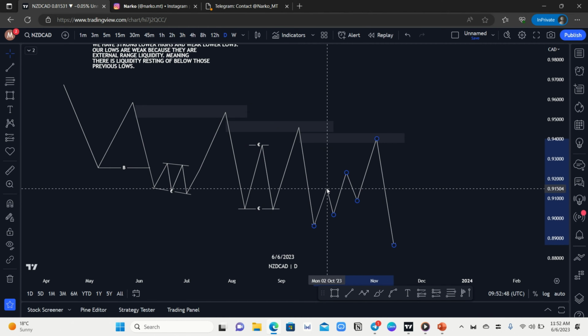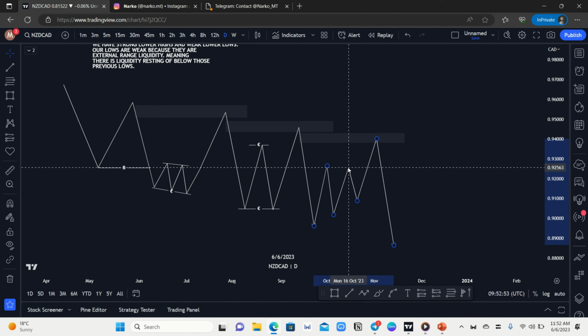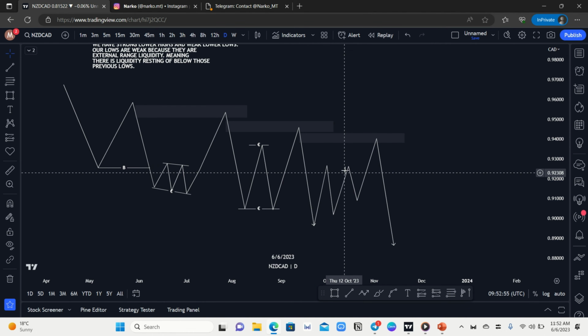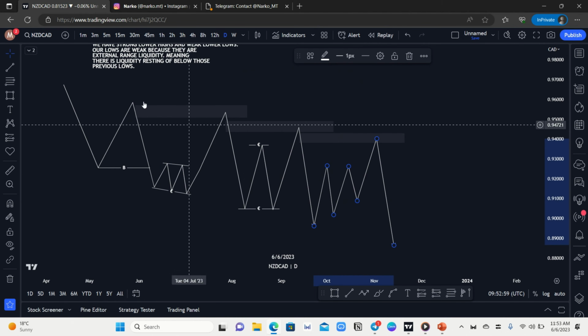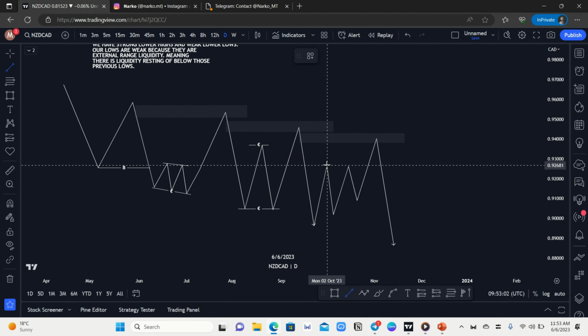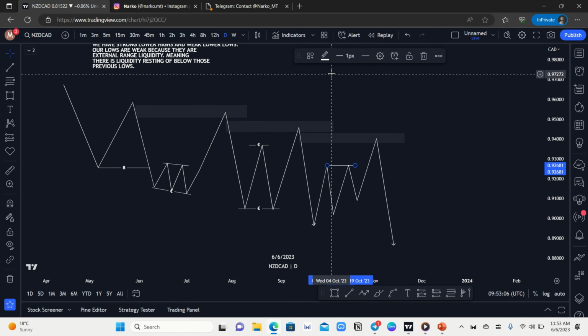And also this here, if you modify it like this, can be a form of relative equal highs, whereby it's also a form of internal range liquidity.